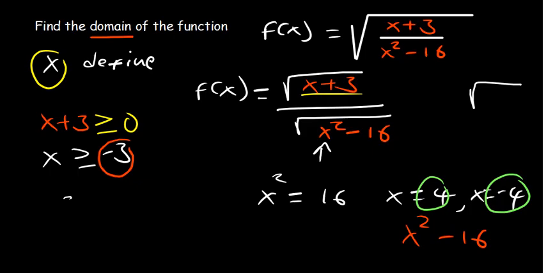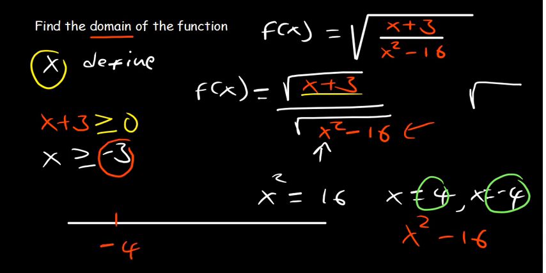To solve that inequality, you can come up with a number line. The two values that are solutions to that are negative 4 and positive 4. Now you can pick any value in between, of which 0 is the simplest.